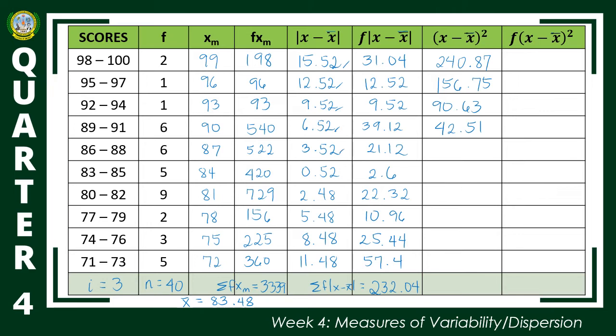3.52 squared. So 3.52 squared, or 3.52 times 3.52, we will get 12.39. Next is 0.52 squared. We will get 0.27.